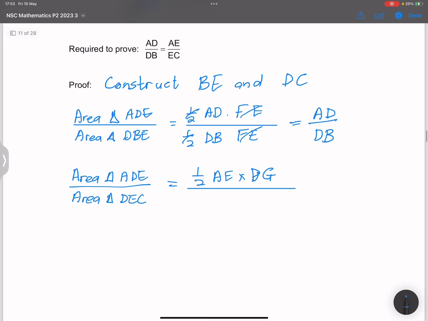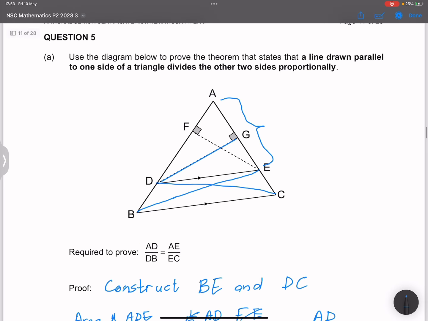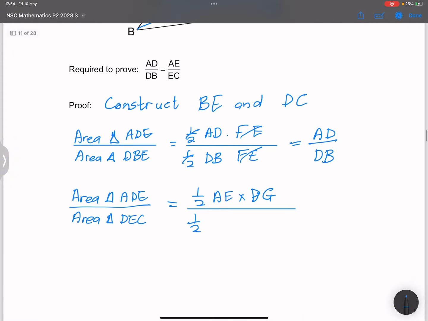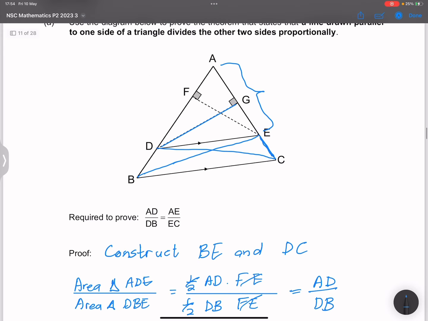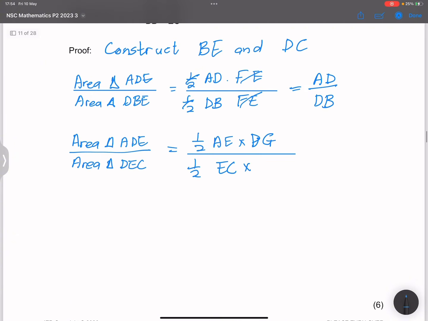Half, so we go to triangle DEC. The base in this case is going to be the line EC, and the perpendicular height is not the line DE, but it is the line DG again. So that is DG.